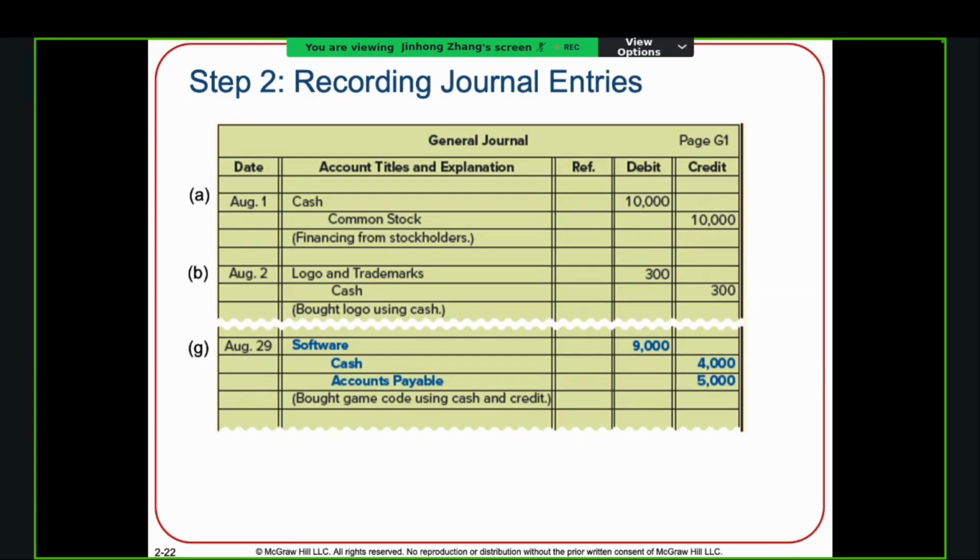Software, $900, and then you reduce cash, accounts payable, $5,000. Does it make sense? Okay. So if this debit thing confuses you, forget about it. Go back to what you were thinking before. Totally right, because it's definitely totally confusing, for me at least, when I was a student.